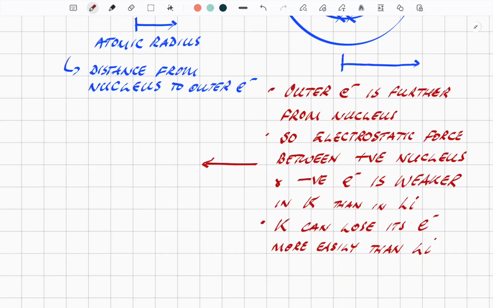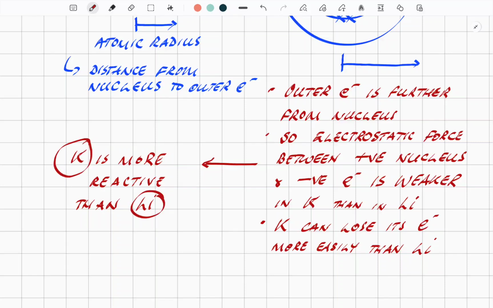Therefore, potassium is more reactive than lithium. And the question was, how do you use that relationship to predict other metal reactivities? So I'll come on to that in just a moment.